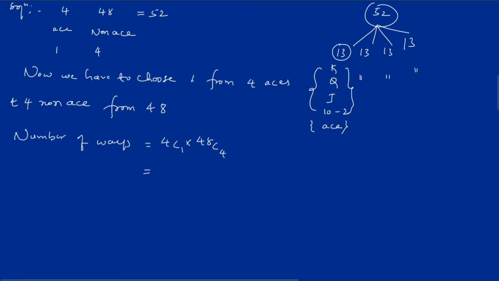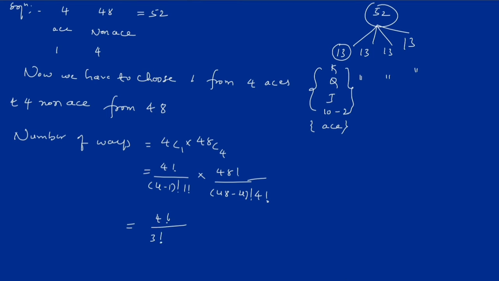4C1, substituting directly, what do we get? 4 factorial upon (4 minus 1) factorial into 1 factorial, into 48 factorial upon (48 minus 4) factorial into 4 factorial, right? So here 4 factorial upon 3 factorial, 1 factorial is 1 only, neglected. 48 factorial upon 44 factorial into 4 factorial, right?